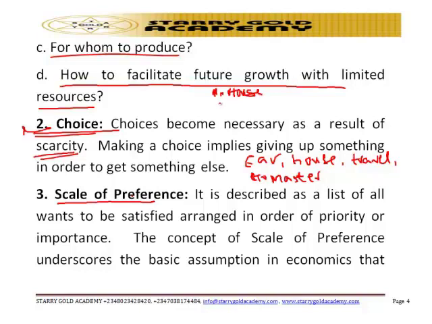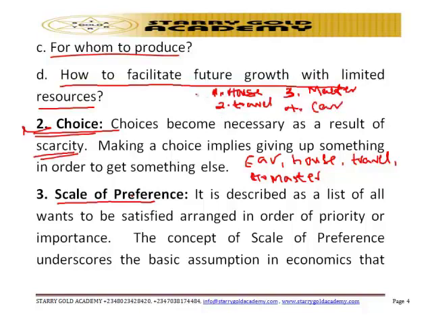The second one is to travel. The third one, maybe I can put to aim for my masters. The fourth one, which is the least, is to get the car. So this is my scale of preference.